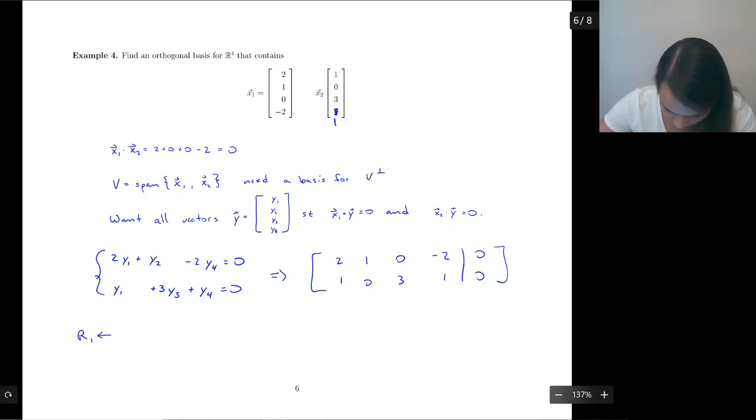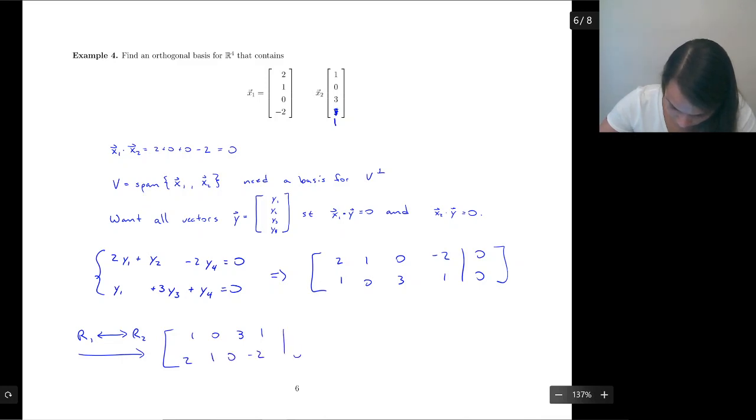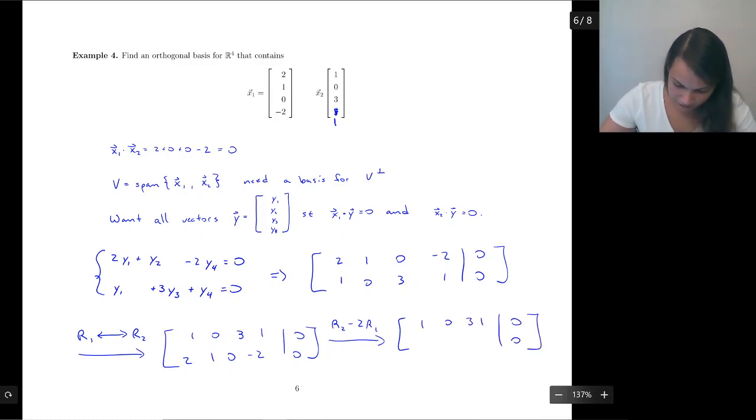We're going to switch 2 of our rows, which are the only 2 rows we have. And then we'll do R2 minus 2R1. Can never do Gaussian elimination too many times, can we? -6, -4. Okay.